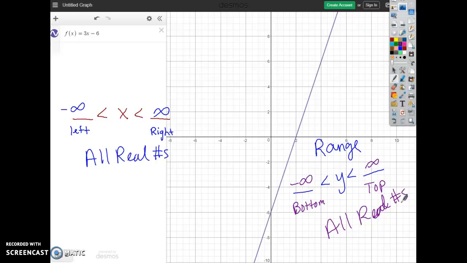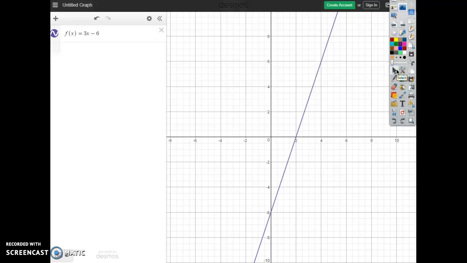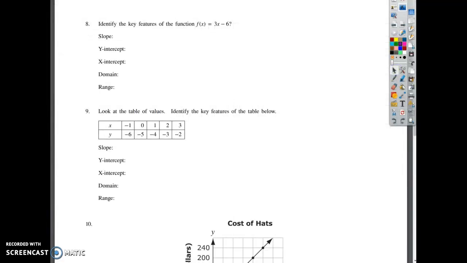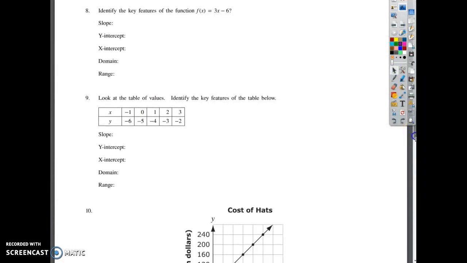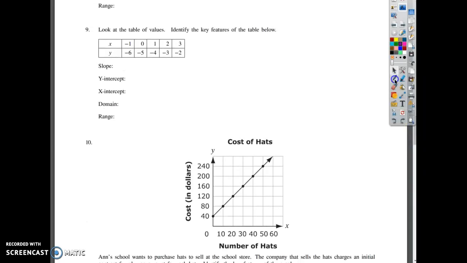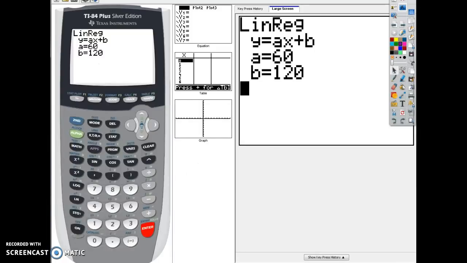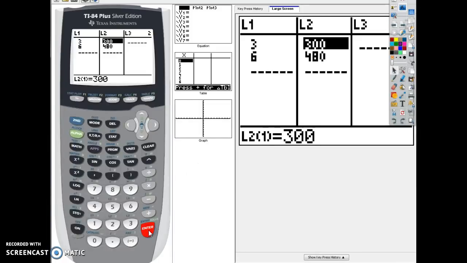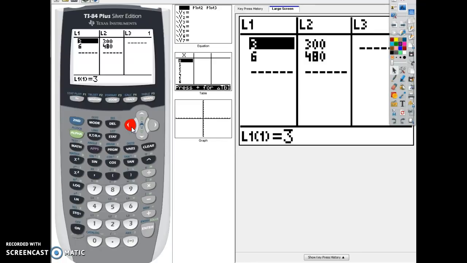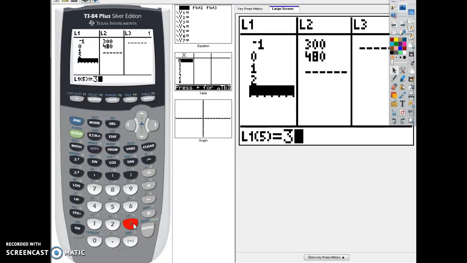Okay? Problem number 9. You guys were supposed to put that in stat and get the equation. So in stat, enter. You type your numbers, negative 1, 0, 1, 2, 3.